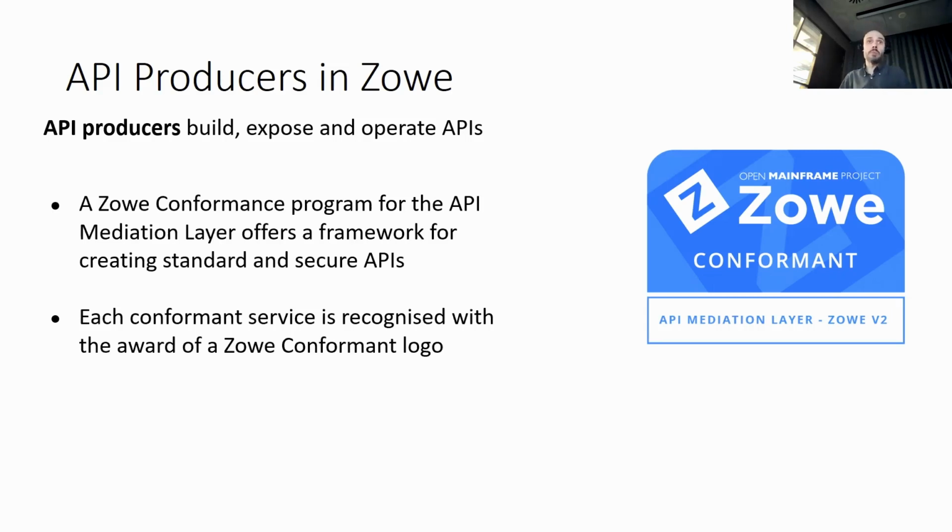A Zowe conformance program for the mediation layer offers a framework for creating standard and secure APIs. So the mediation layer is our recommended solution for infrastructure APIs that I talked about earlier. And we recommend that API producers of mainframe infrastructure APIs optimize their APIs to run through the mediation layer. This is all certified via a conformance program, as I mentioned earlier, and this details the set of building codes or standards describing how the API should be built.